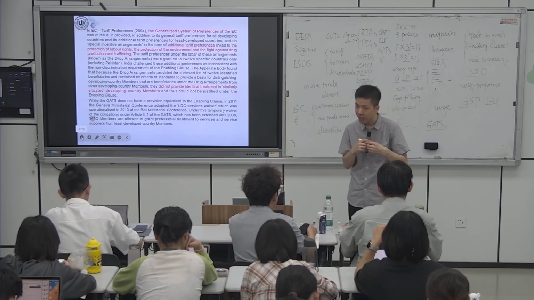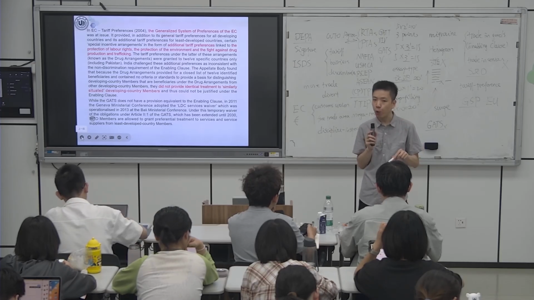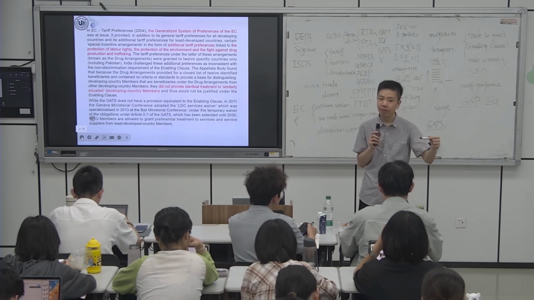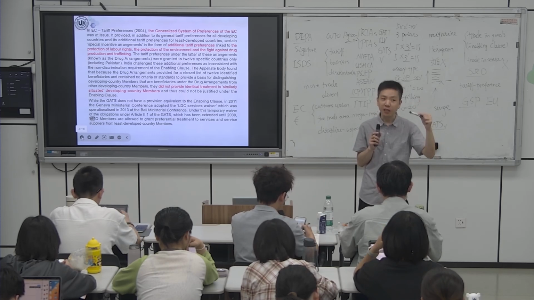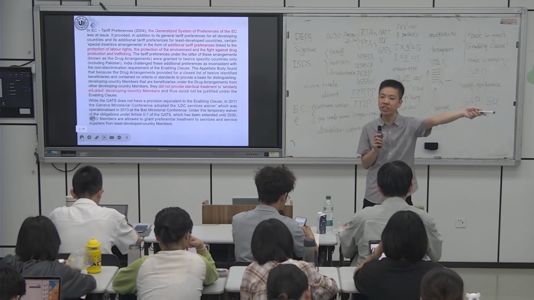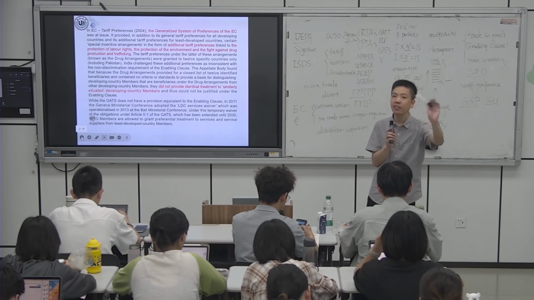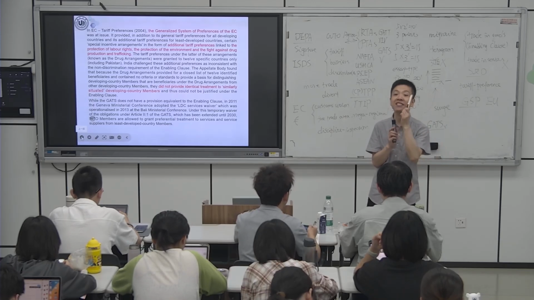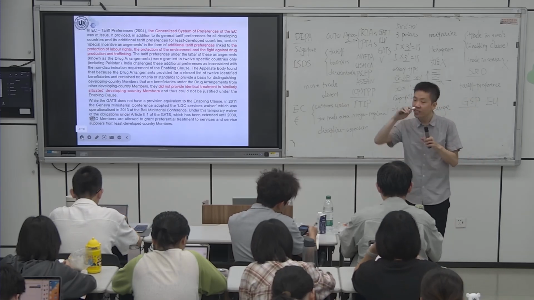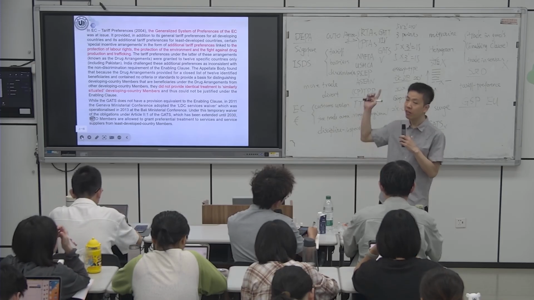Because China is a developing country, China's exporting companies enjoy a preferential tariff rate, which means lower tariff rates if you want to export products to EU. While if you are an exporting company in Japan, you do not share this because Japan is a developed country.